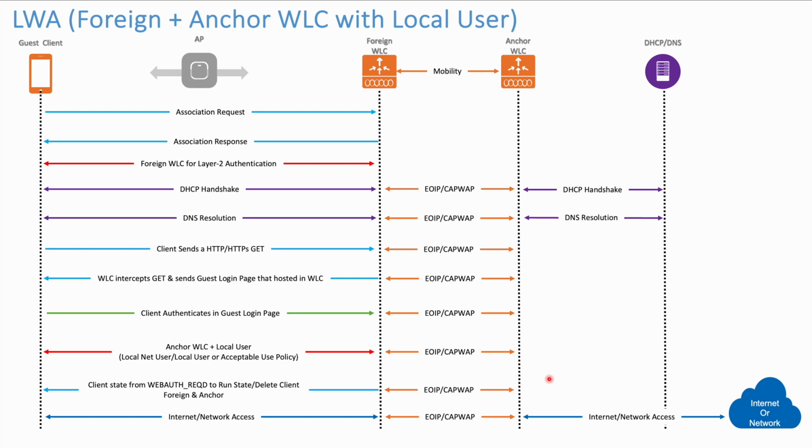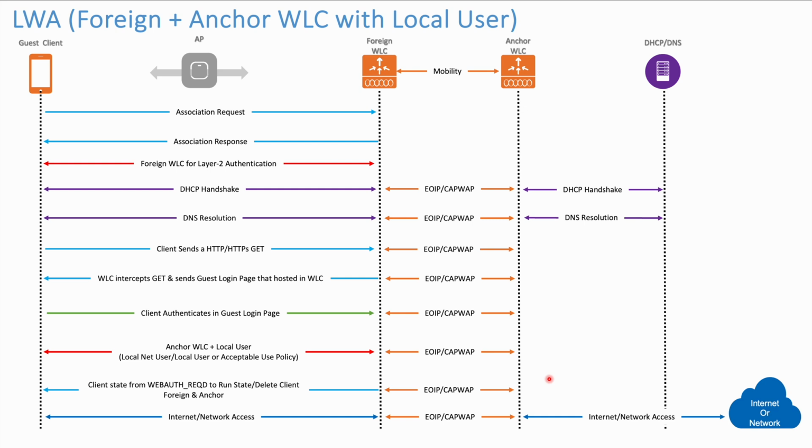Then the Anchor WLC and foreign WLC both will be involved when you move the client into run state. As we mentioned before, the client will be in web auth required state and will move into run state, but the state change will happen from both sides, the foreign WLC and the Anchor WLC. Once this is done, your client will be allowed to communicate.